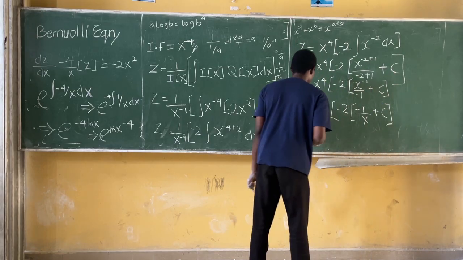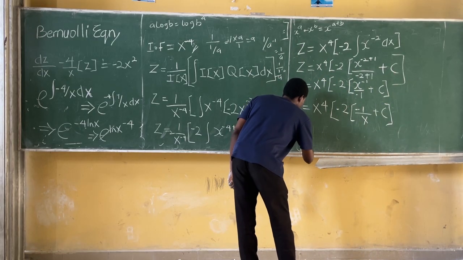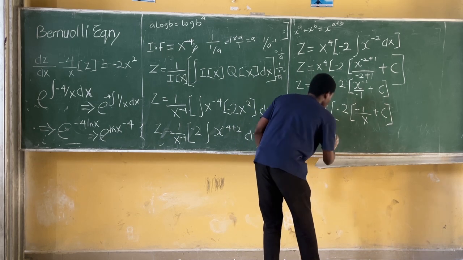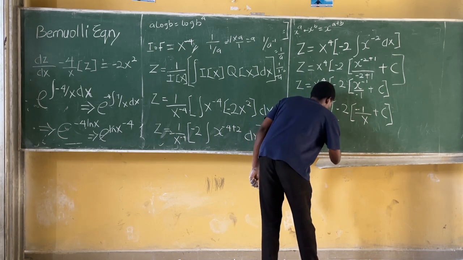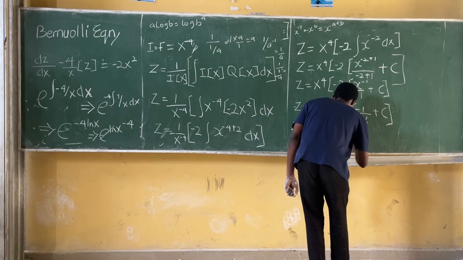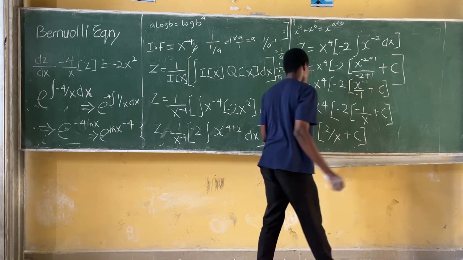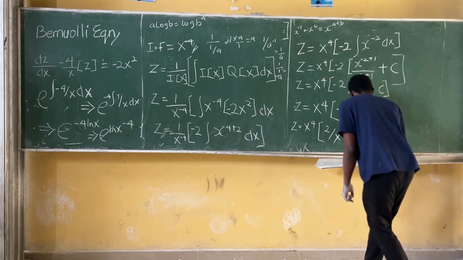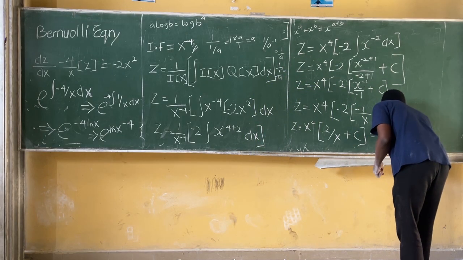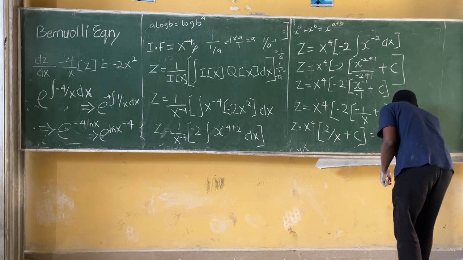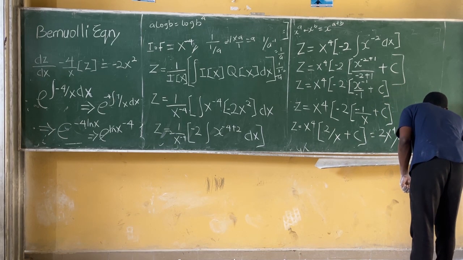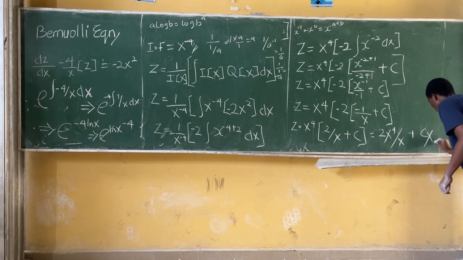So let's multiply that. z is equal to x raised to power 4, minus minus is plus, this is going to be 2x plus c. If you multiply this out, it's going to be 2x raised to power 4 divided by x, plus c multiplied by x raised to power 4.